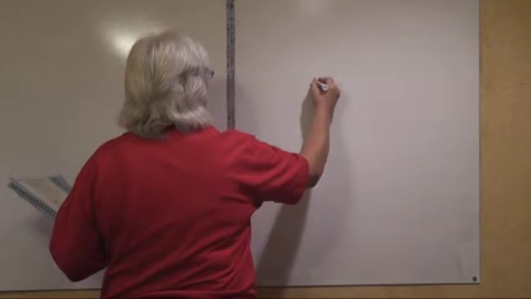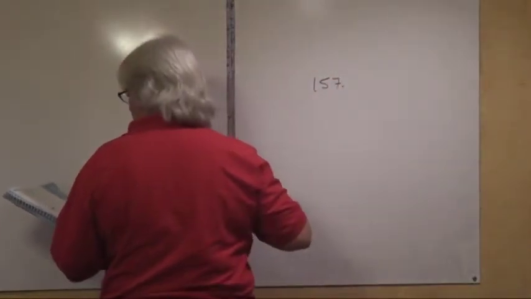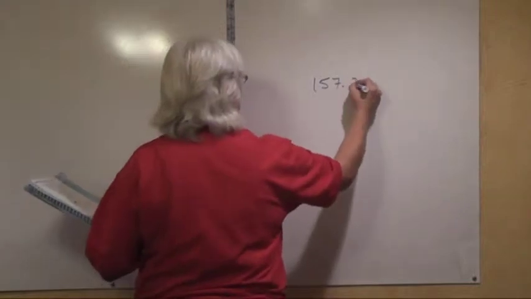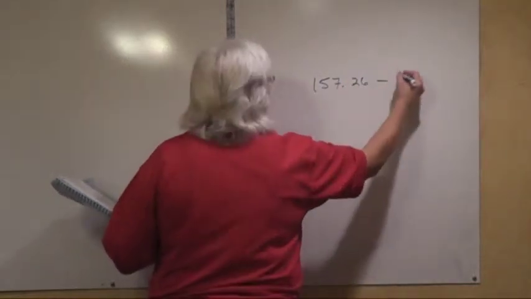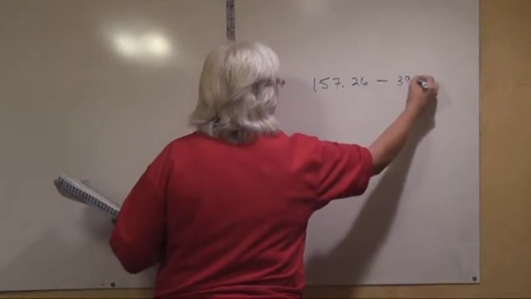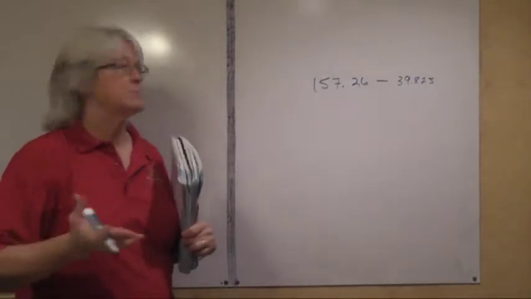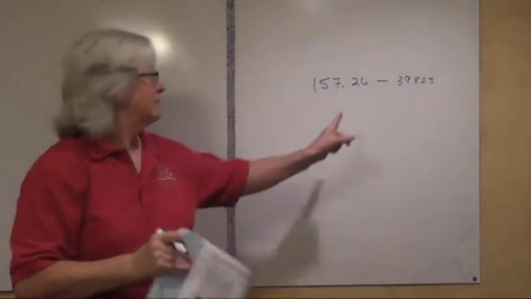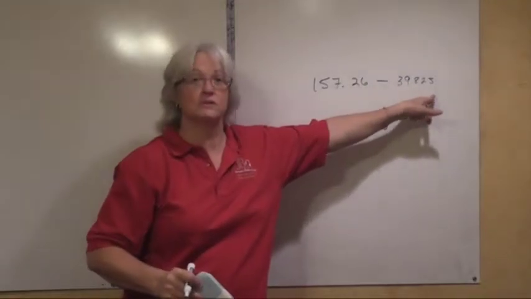How about 157 and 26 hundredths minus 39.825. How do you technically speak 39.825? 39 and 825 thousandths.